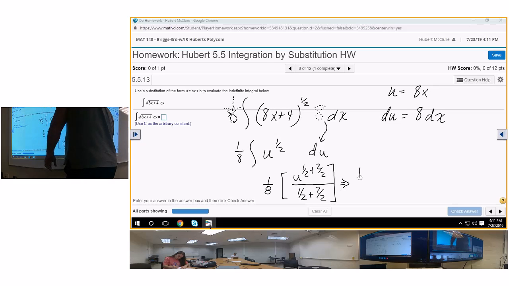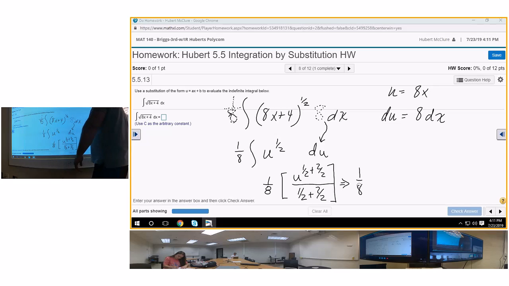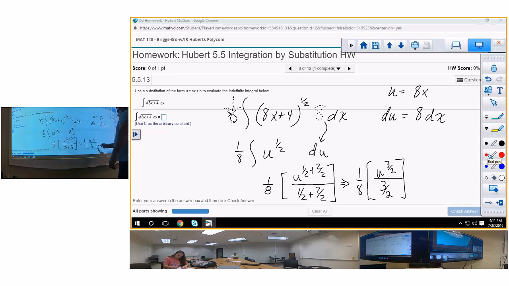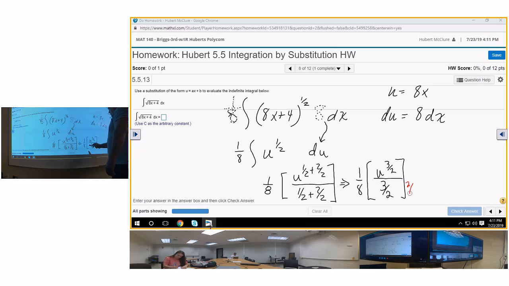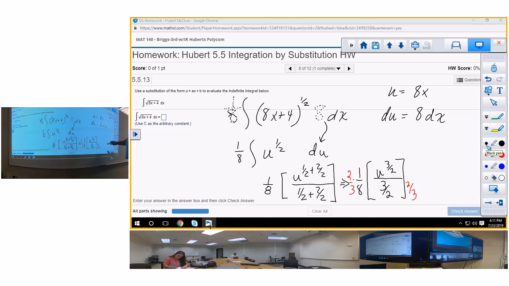One-eighth u to the 3/2 over 3/2. And multiply this by 2/3.